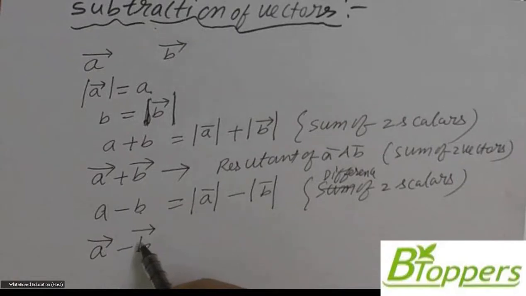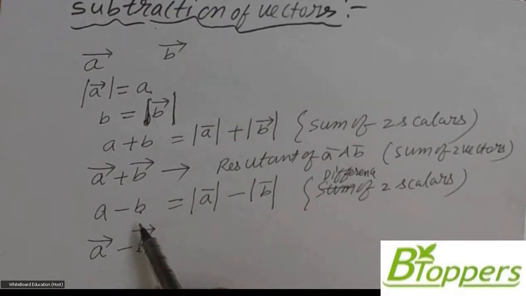I observed with some students, while writing the solutions of problems, by mistake they write A minus B when they are supposed to write A bar minus B bar. And they write A bar minus B bar in their notebook when I write A minus B on the board. So that mistake should not be committed.